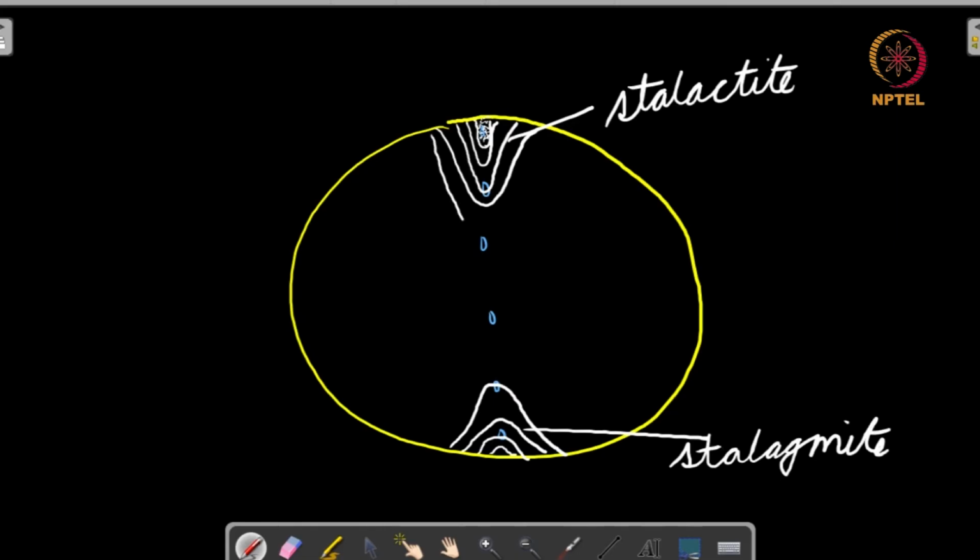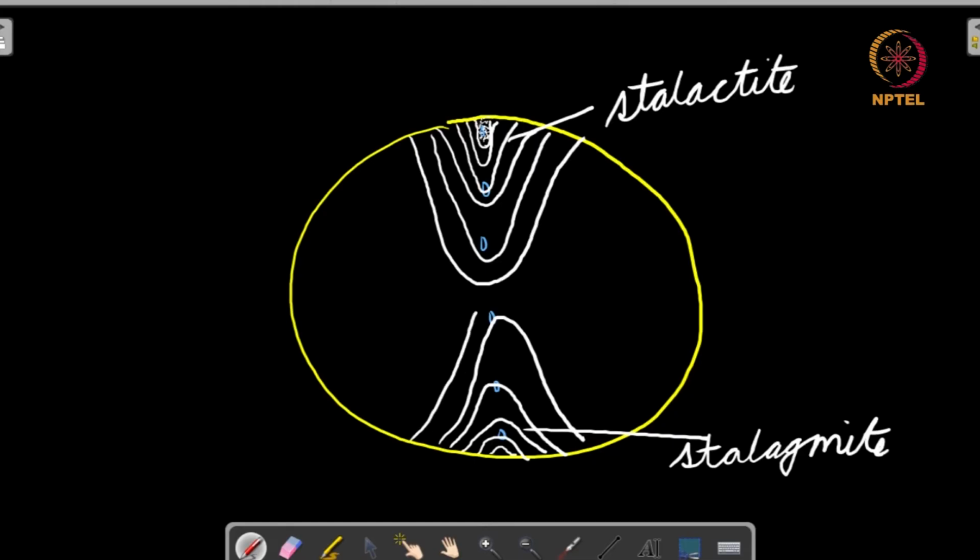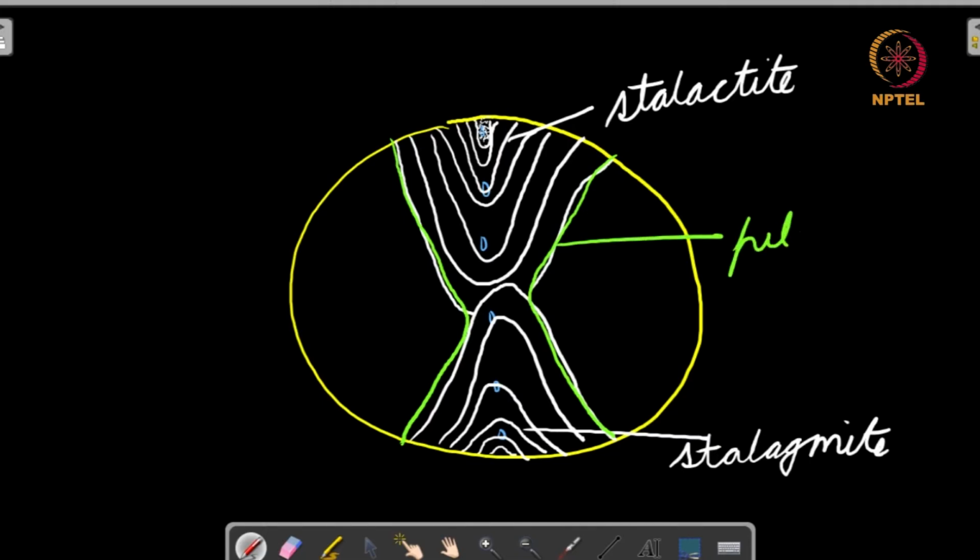And when they go on growing like this, they will reach a point where both of these will ultimately meet with each other. So it will become something like this. Now this is converted into a pillar. So it starts from here and it goes like this. So this has now converted into a pillar.